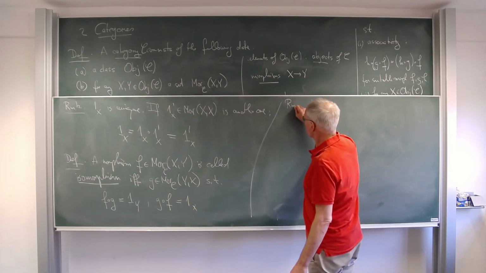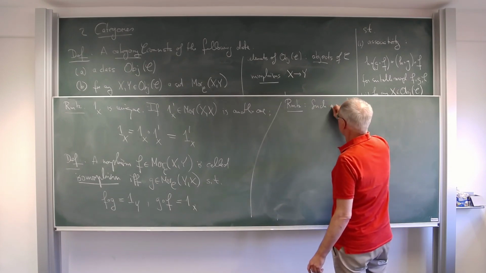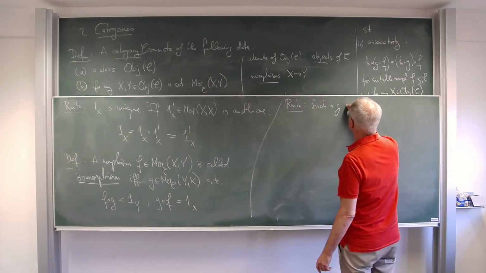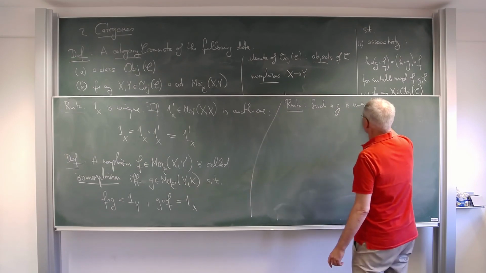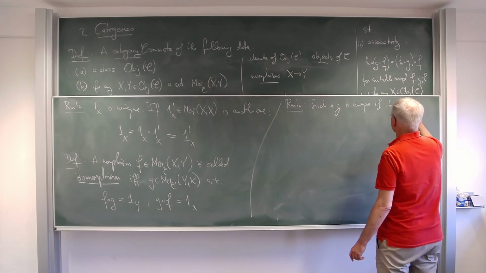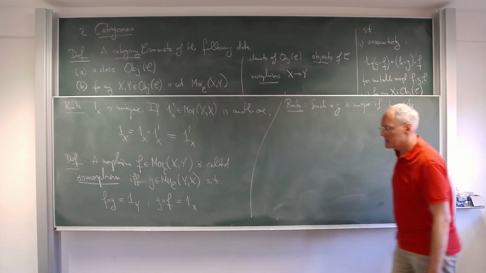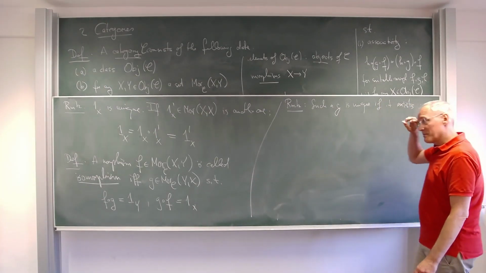Okay, and a remark here: such a g is also unique if it exists. It doesn't always exist, this exists only for isomorphisms, but if it exists, it's unique. And the same kind of proof works.